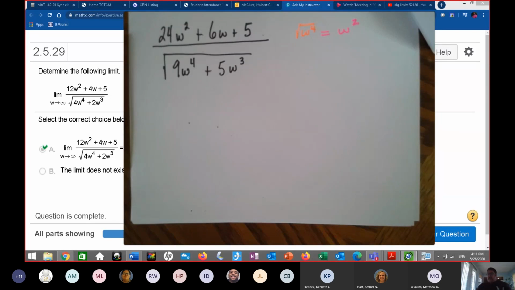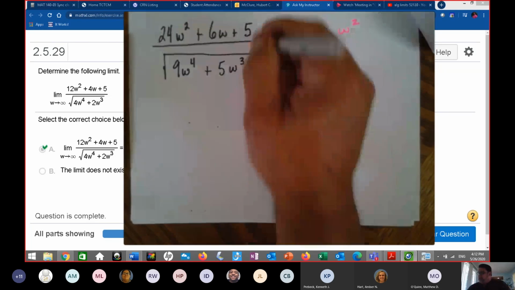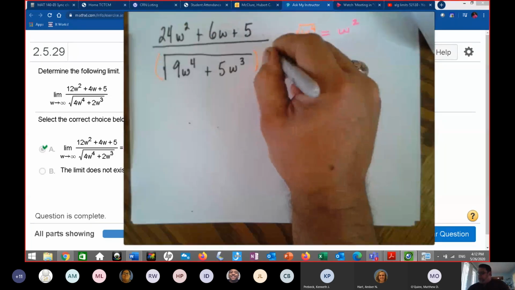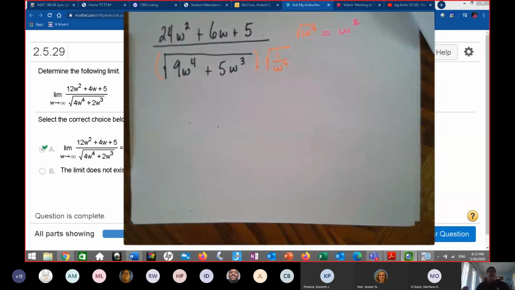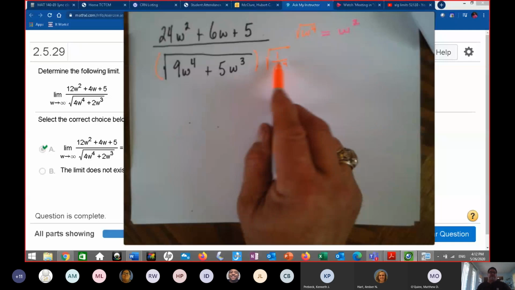But I can multiply by 1 over w to the 4th, the square root of 1 over w to the 4th, into the radical. That's the derivation behind that. In other words, I can multiply this one right here by 1, the square root of 1 over w to the 4th. Y'all see that? And what's the square root of a times the square root of b? The square root of a times b. So I can distribute that radical with this. That's why.